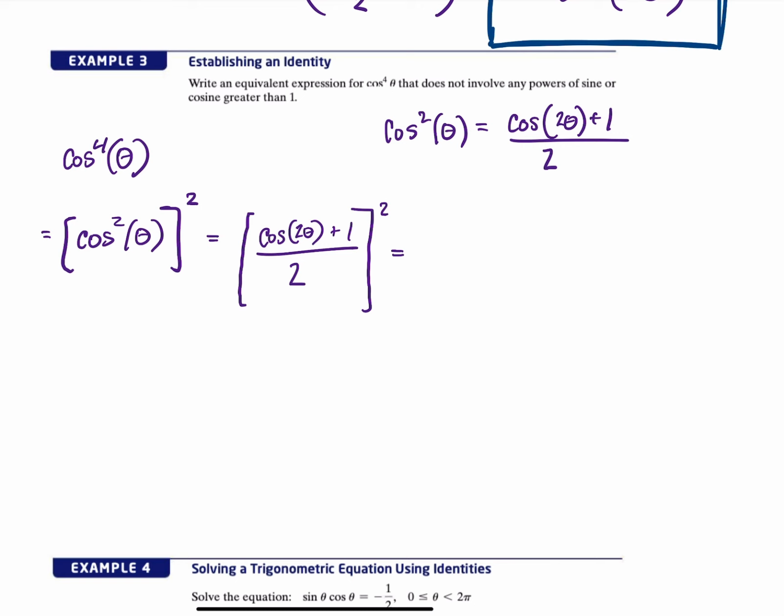So the first term, we'll get cosine of 2 theta times cosine of 2 theta. So that should be cosine squared of 2 theta. Then plus cosine of 2 theta, and then plus another cosine of 2 theta. I'm just imagining we're foiling this, so we'll get 2 of those. And then the last terms will be 1 times 1. And then our denominator gets squared as well, so this should be over 4.